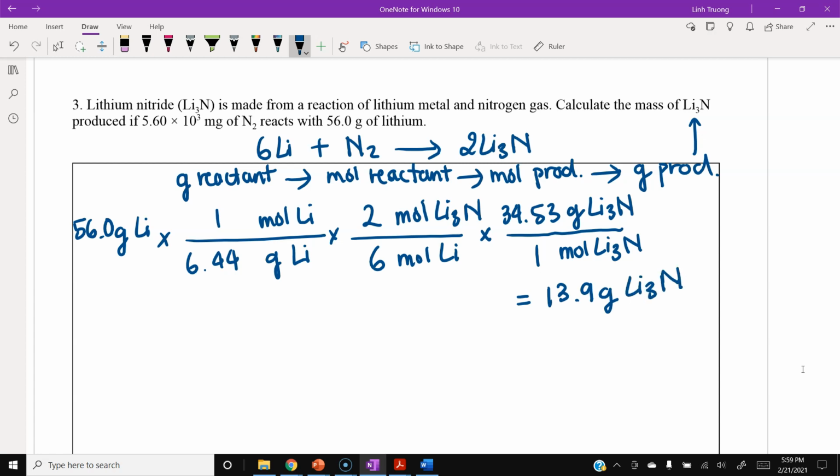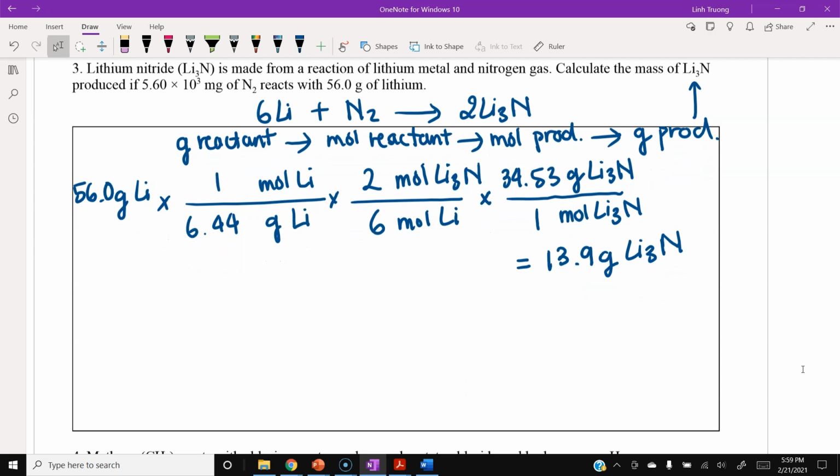This is not our final answer just yet, because we still need to do the second calculation, and then compare the answers to see which one is the smaller number. The smaller number is the final answer we're looking for. So let's do our second calculation, which is 5.60 times 10 milligram of nitrogen.